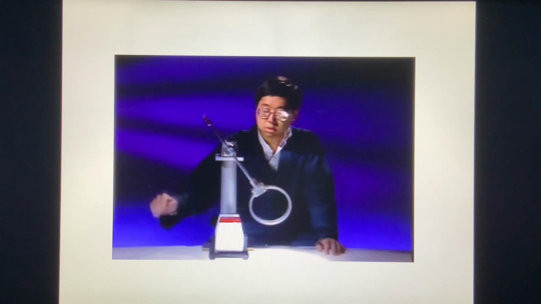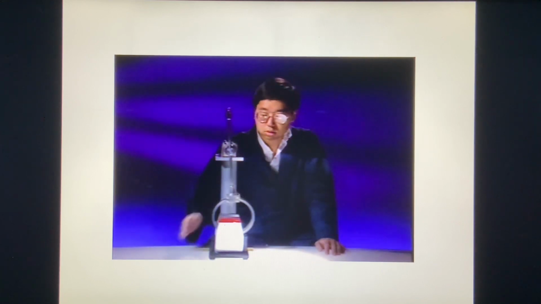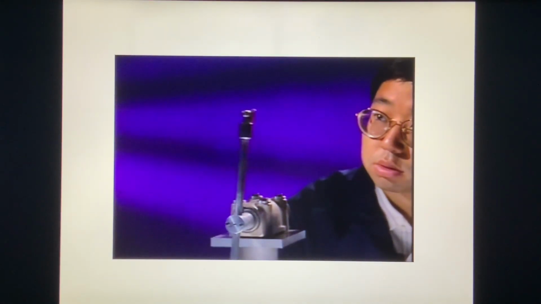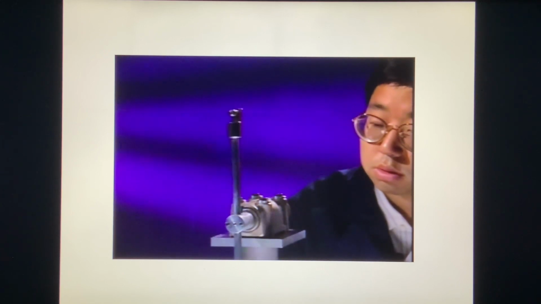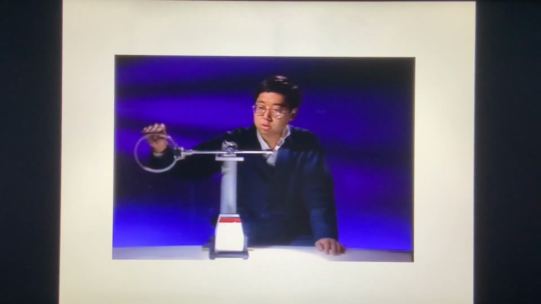A slightly faster swing produces only a dim light. A faster swing lights the bulb brightly.